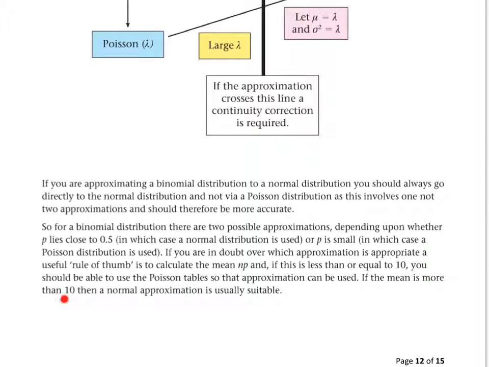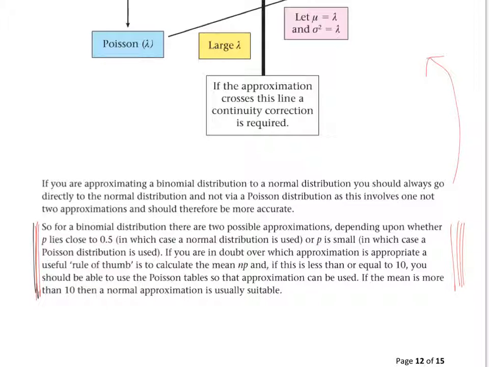If the mean is more than 10, then we use the normal approximation. Okay, so that's quite a good bit to know there. I've done that in red, you can see. That part helps quite a lot, along with the diagram above.